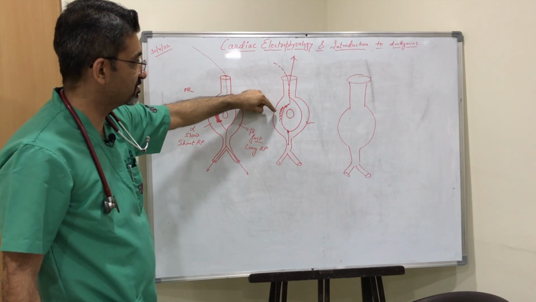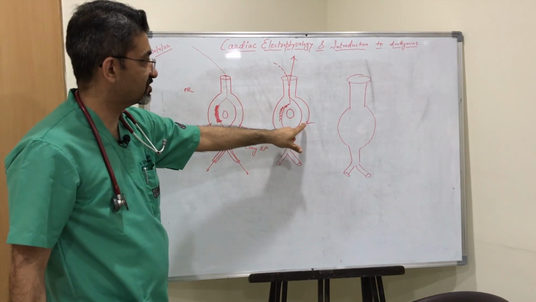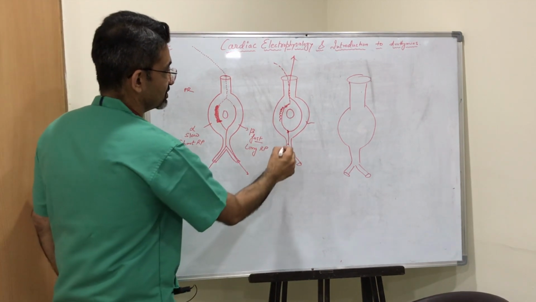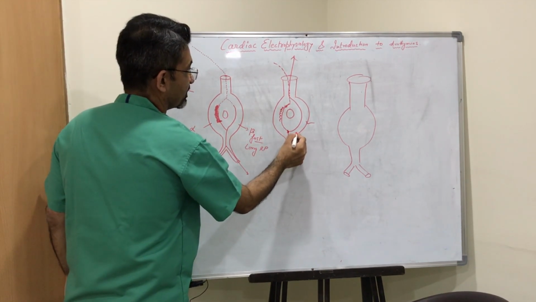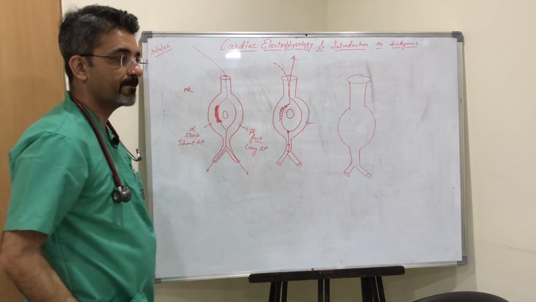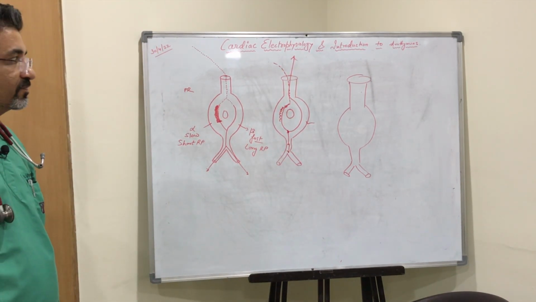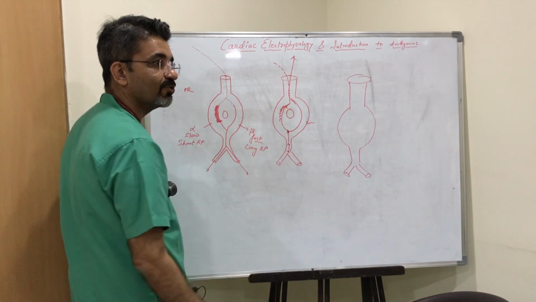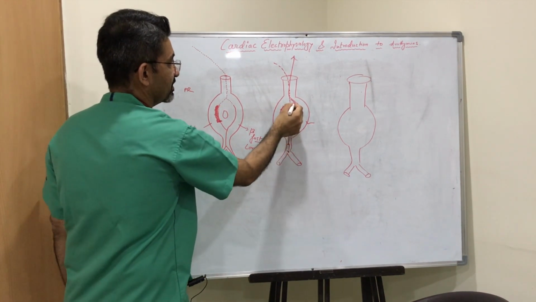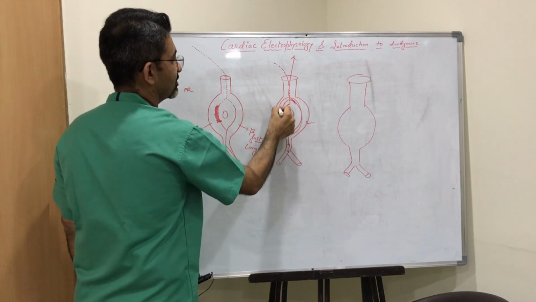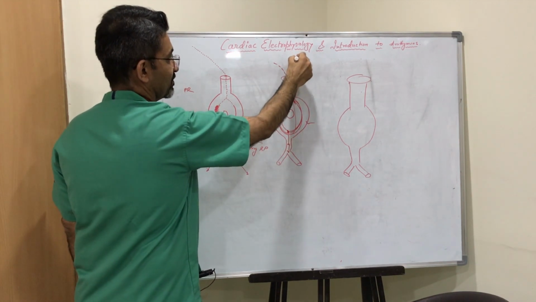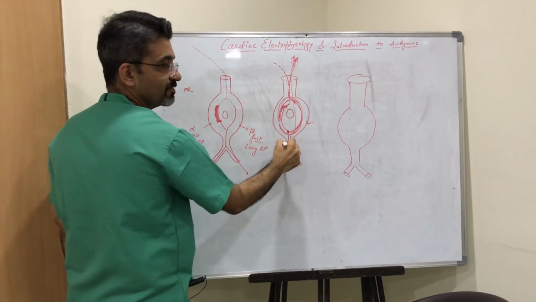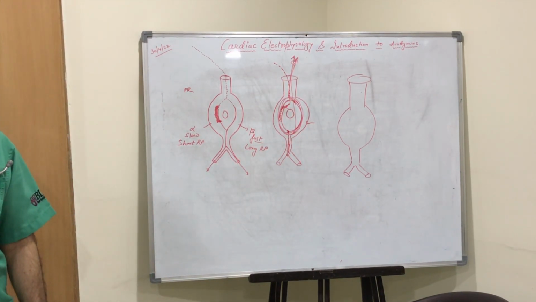The moment the impulse reaches down, the fast pathway is out of its refractory period, so the impulse goes down and up like this. The moment it goes up here, this pathway gets out of its refractory period, and then there is a cycle. One goes up, one goes down, cycle. One goes up, one goes down. This is the mechanism of SVT.